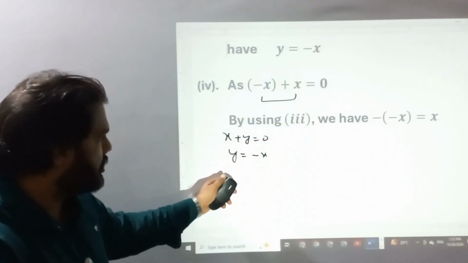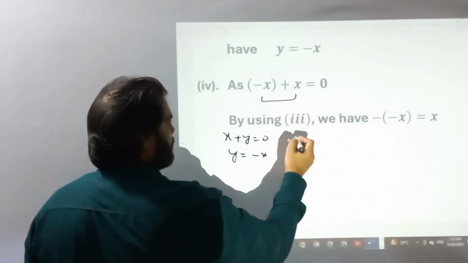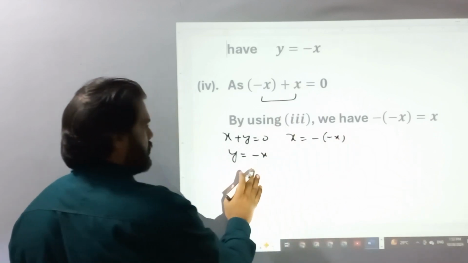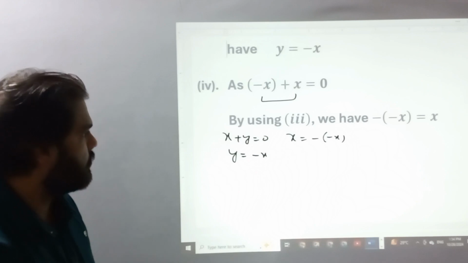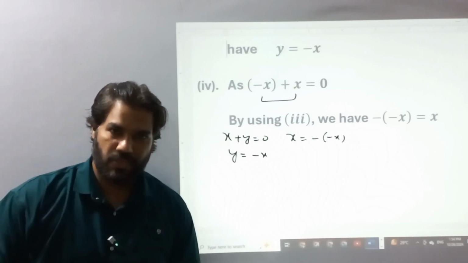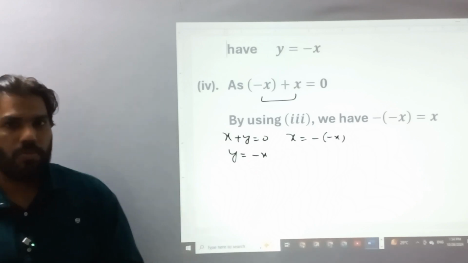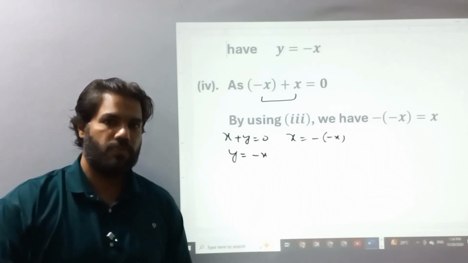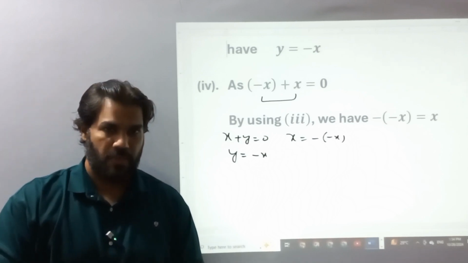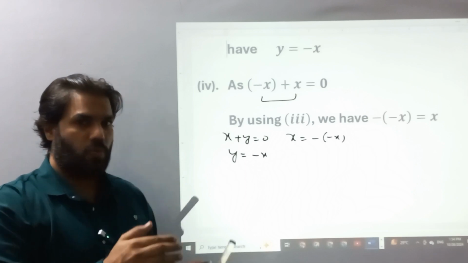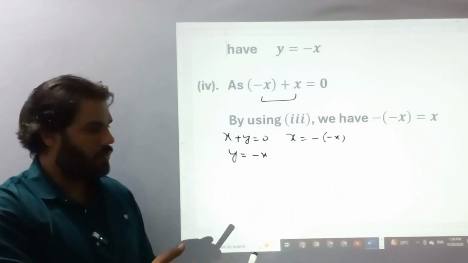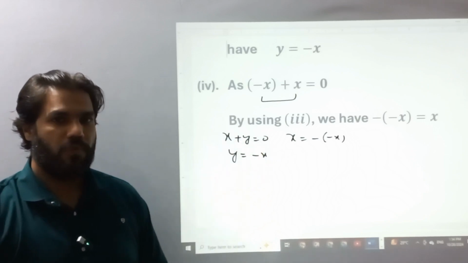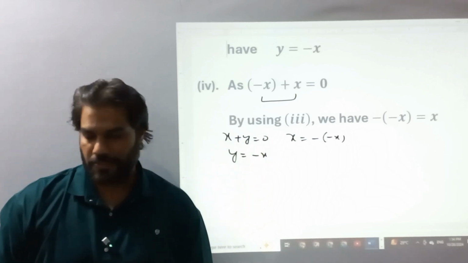So by using 3, the second number can be written as the negative of the first. That is what was required to prove. So this is the first proposition in your book. Now we will discuss the second proposition, which covers the properties of multiplication. We prove these properties with the same concept that we used in the proof of the properties of addition.